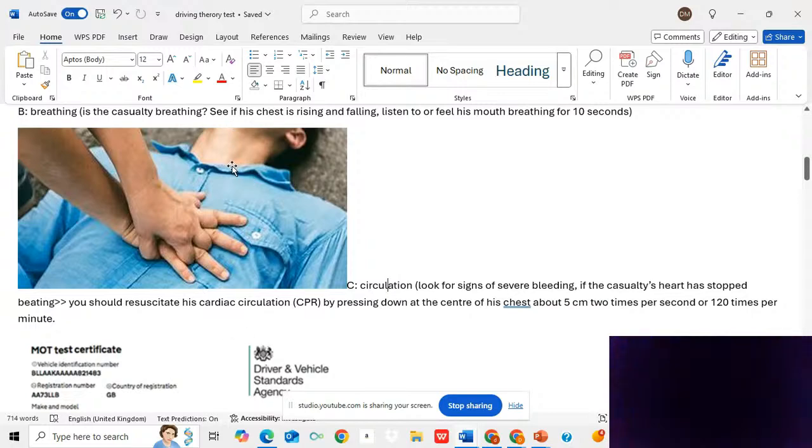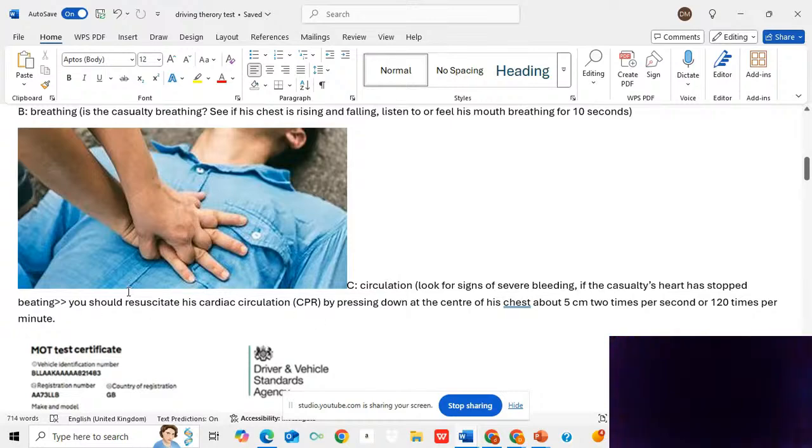So you can check his circulation by checking his pulse, radial pulse, or his neck pulse. And if so, you can maintain his circulation by resuscitating the patient by CPR, cardiopulmonary resuscitation.